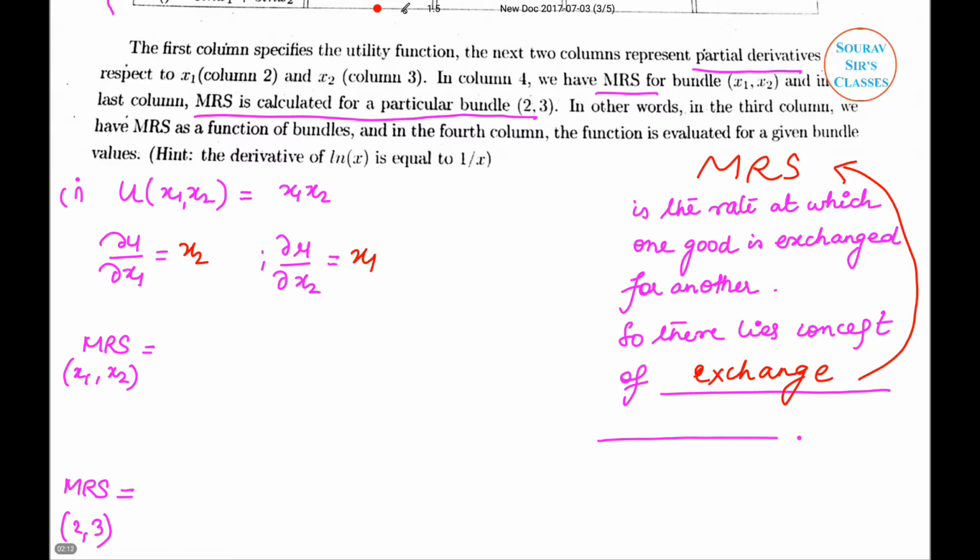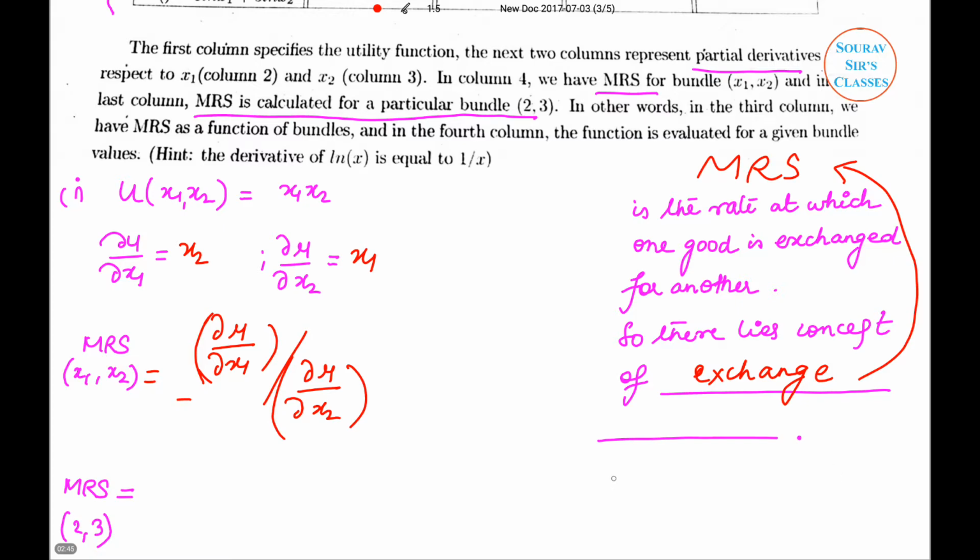So marginal rate of substitution has a particular formula. This is the formula, that is the partial derivative of one good by the partial derivative of the other good, and in the beginning there will be a minus sign. But why is there a minus sign?